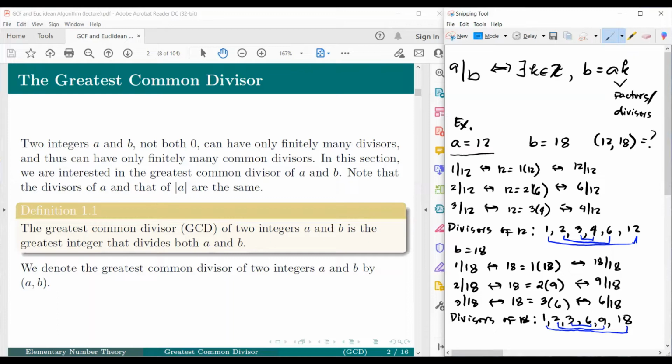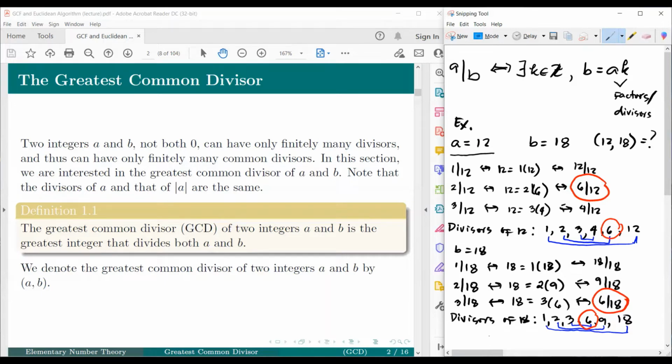So from our list of the common divisors of 12 and 18, we can say that the greatest common divisor is 6. Follow? Because 6 divides 12 and 6 divides 18. So it is the greatest.